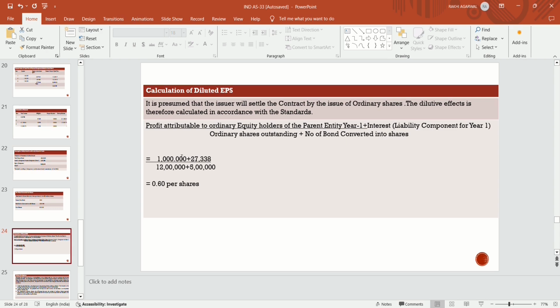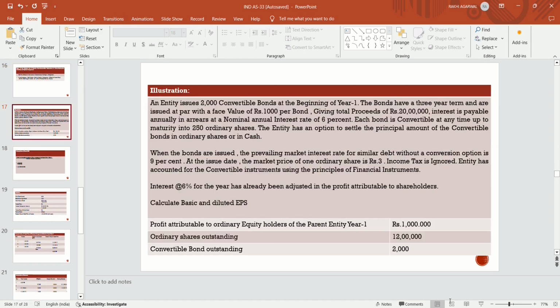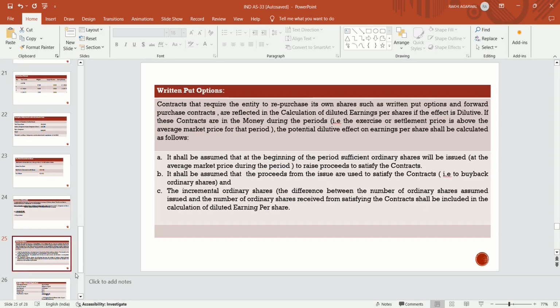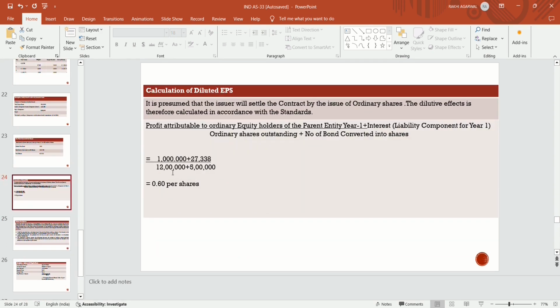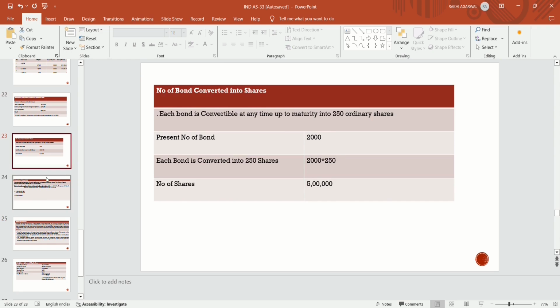That is, 10 lakhs is the normal profit plus interest component 27,338, divided by the denominator, which is 12 lakh shares outstanding during the year, as given in the question, plus the convertible shares, which become 5 lakh. 12 lakhs plus 5 lakhs, so 10 lakhs plus 27,338 divided by 17 lakhs becomes 0.60 per share.